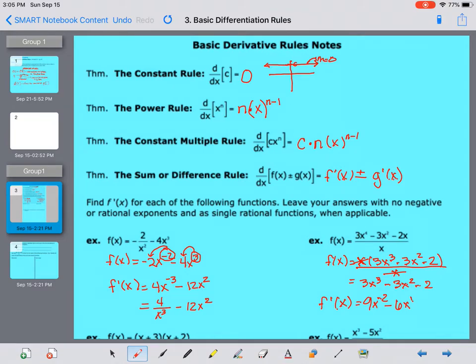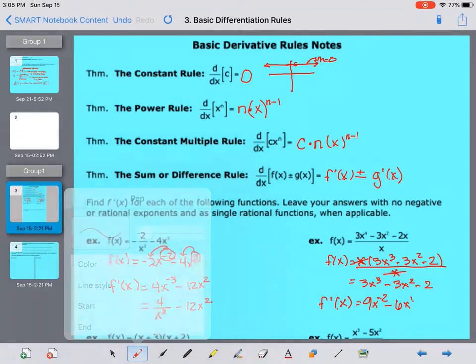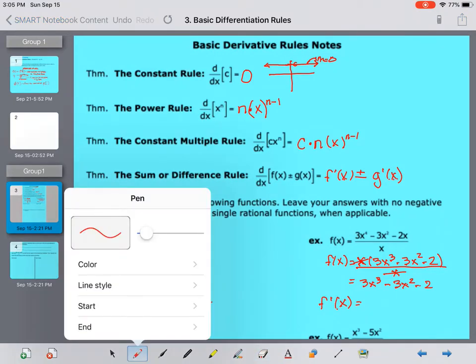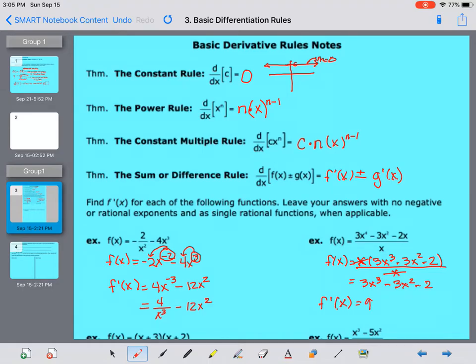So really, this is all I have. Sorry, my exponent is not negative there. Let me rewrite that. So 9x squared minus 6x. Okay, and I don't have any negative exponents, I don't have any rational exponents, so therefore I can just leave it and I'm done.